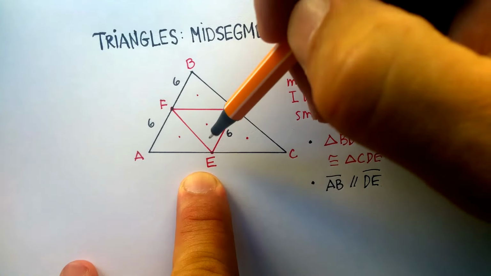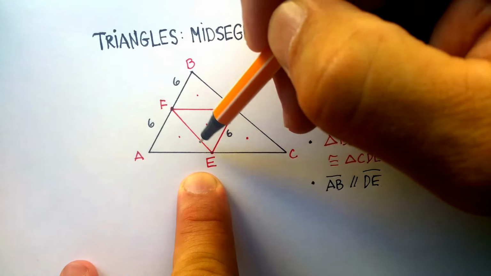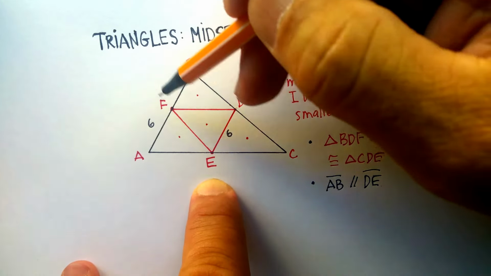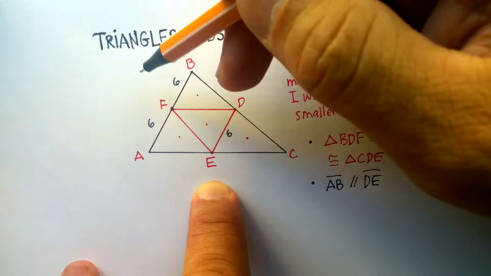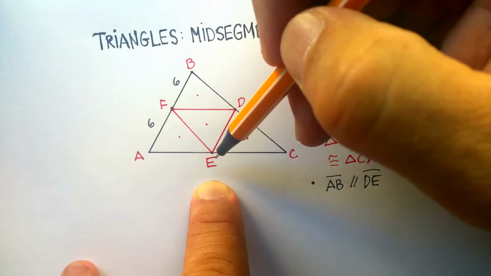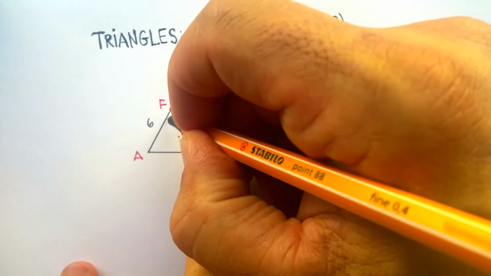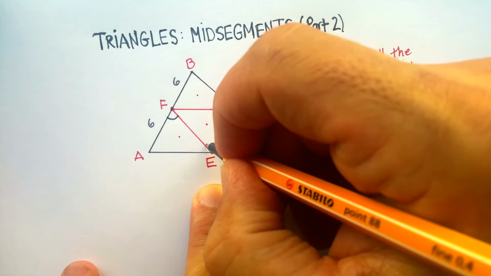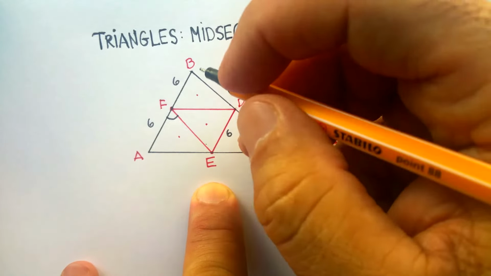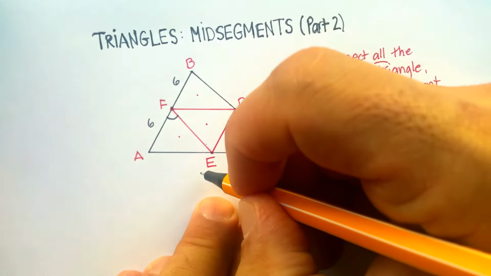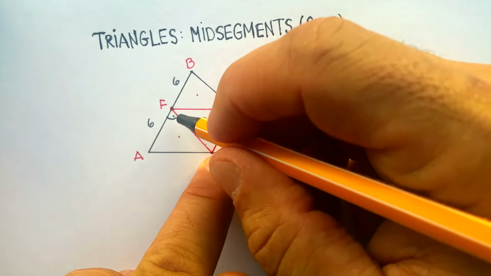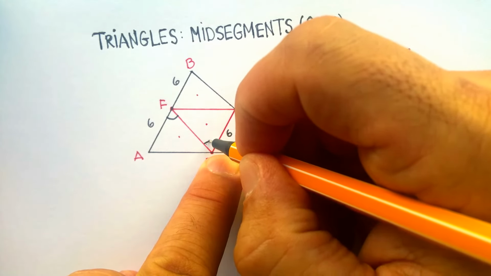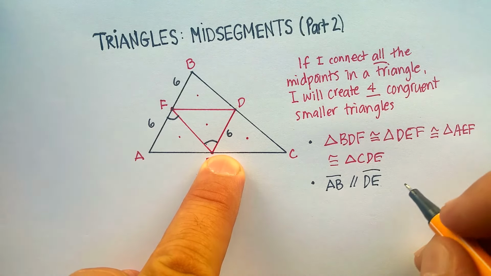And if that's true, then I know that this line segment EF is a transversal, don't I? And if it's a transversal, I know, for example, that this angle and this angle would be alternate interior angles, right? So those would be the same.